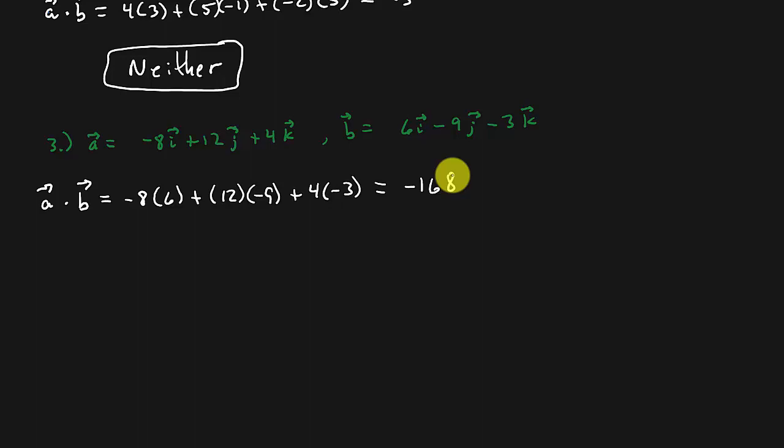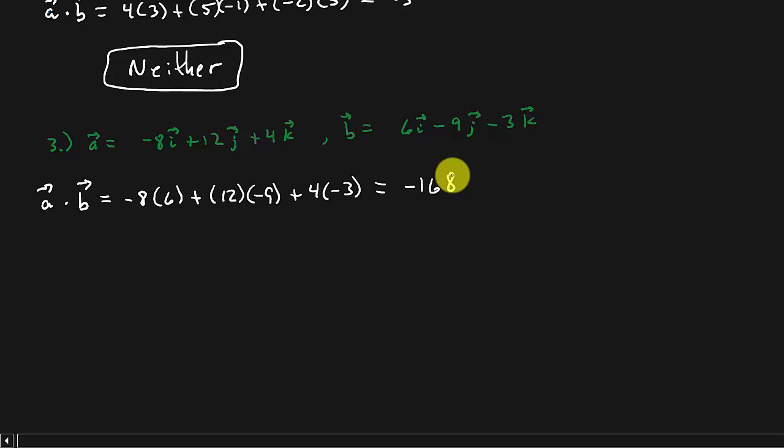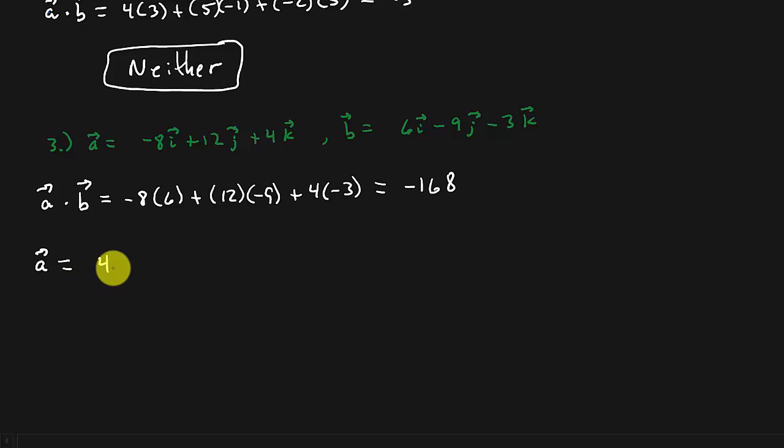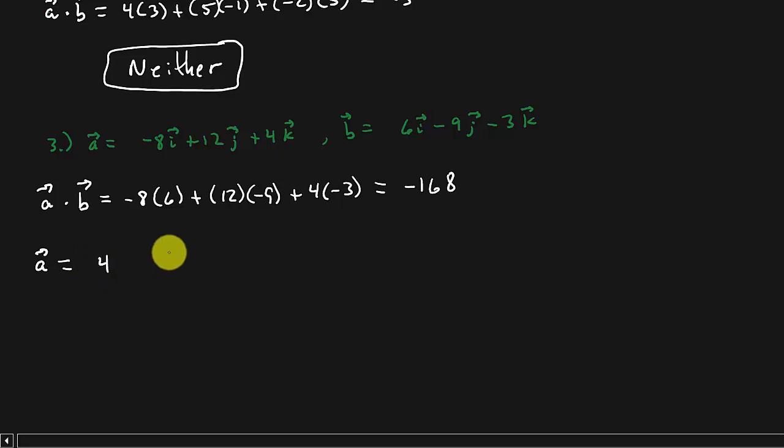So let's look at vector A. Notice how I have a common factor of 4. So I could factor out a 4, but look at this. Just bear with me for a second. If I factor out a 4, that's fine, that would give me -2i plus 3j plus 1k.